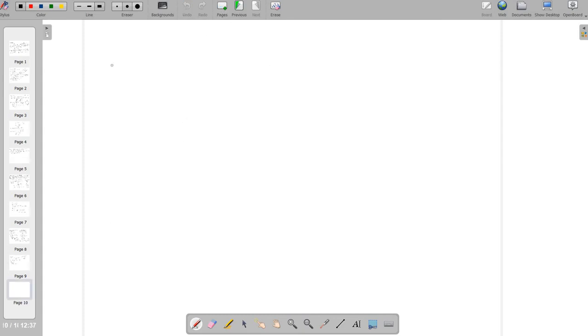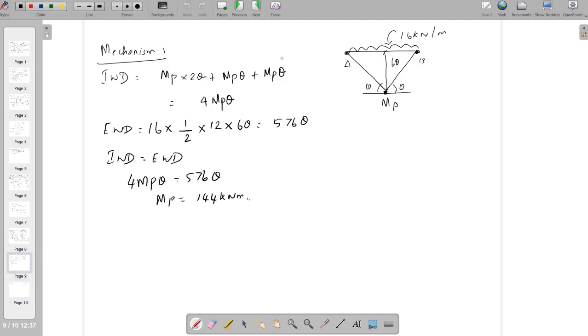Similarly, for the mechanism 2, we already find under the 60 kilonewton load, here it is 90. One point I have forgotten.